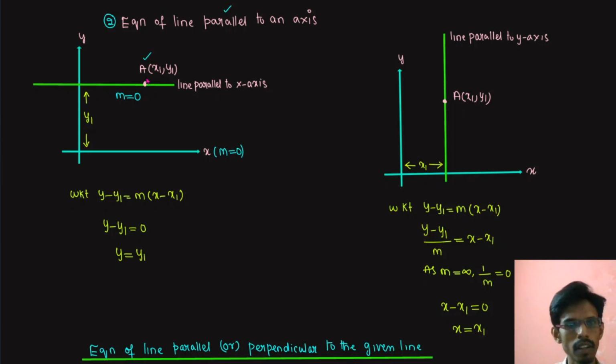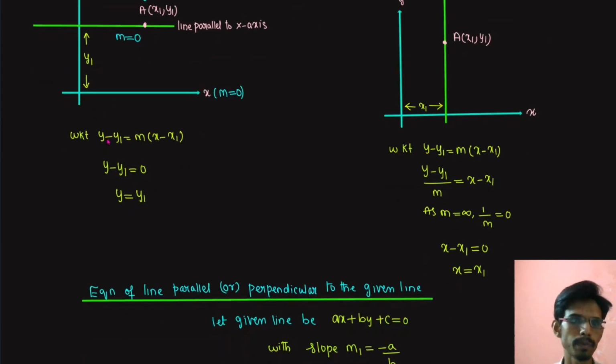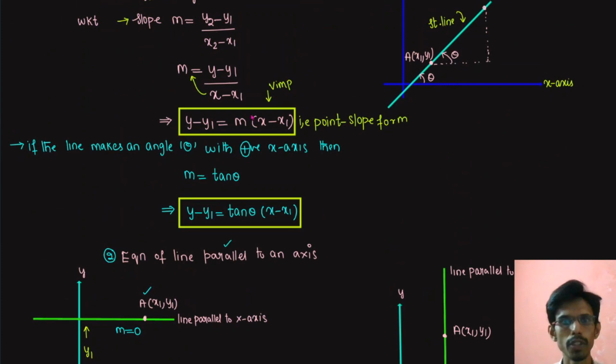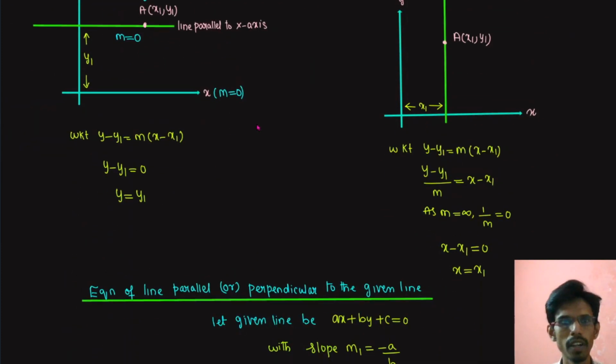And we have seen here this line is at a distance of y1 from x axis. We know that y minus y1 equals m into x minus x1. This equation only, point slope form. If I put the value of m as 0 here, then 0 into x minus x1 will become 0. Okay, so we will get y equals y1.